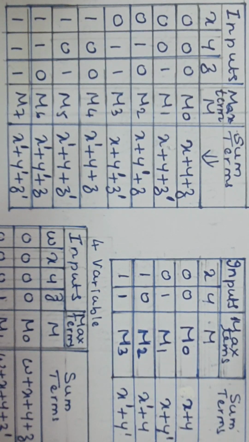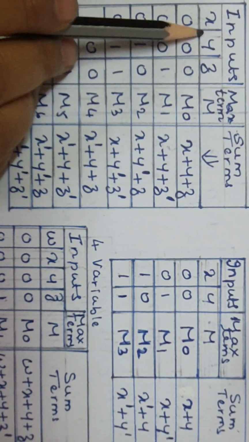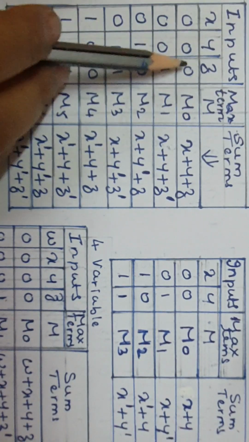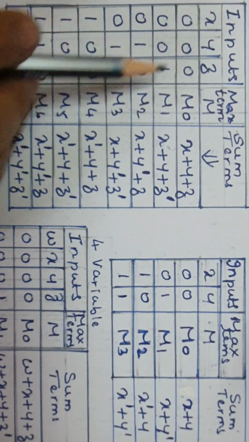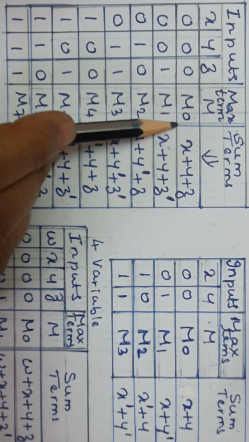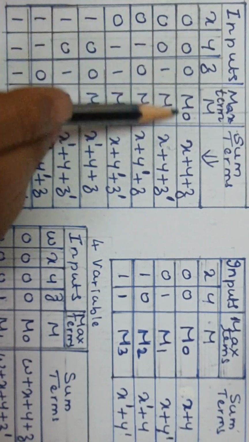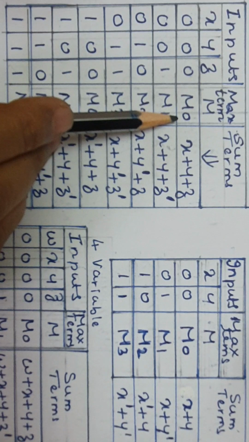These are the different possible combinations for the inputs. So for a three variable system there will be 8 possible max terms.